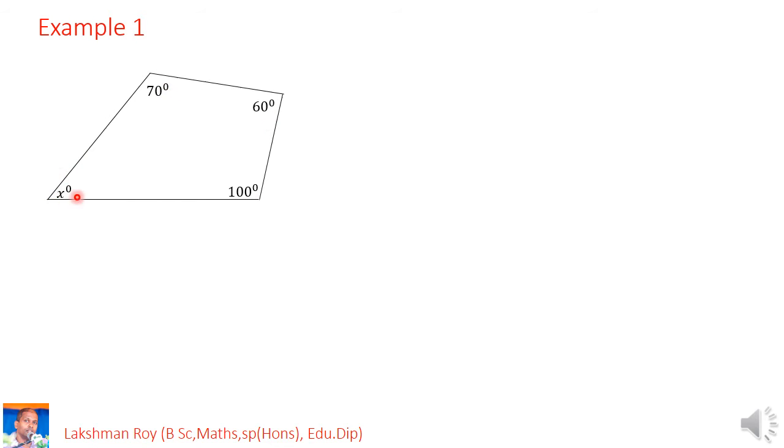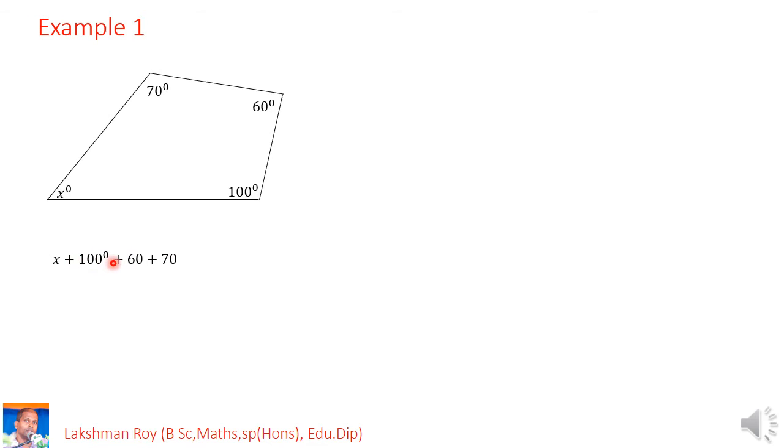Now one angle here you can see is unknown, x, so we want to find this x. What is the magnitude of this angle? But we can take the sum of the four interior angles. So let's say this angle x degrees plus 100 degrees plus 60 degrees plus 70 degrees.